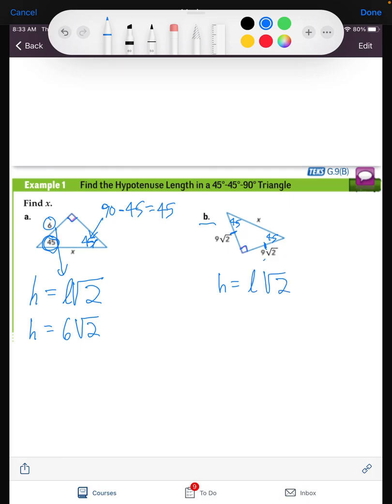We plug in our L: h equals 9 square root of 2 times square root of 2. The square root of 2 times the square root of 2 equals 2, so we can rewrite this as 9 times 2 equals 18. So our hypotenuse equals 18.